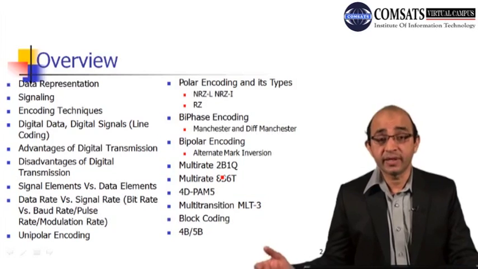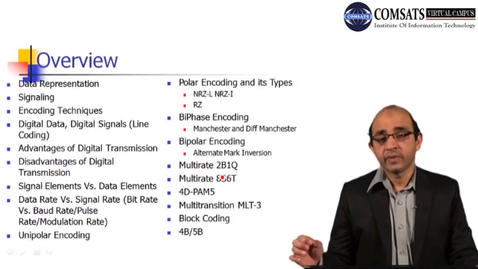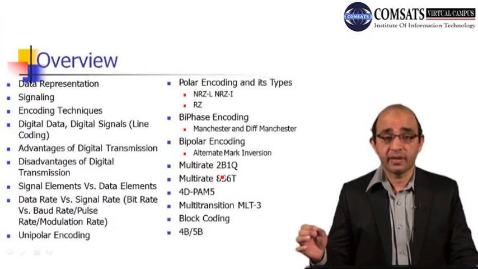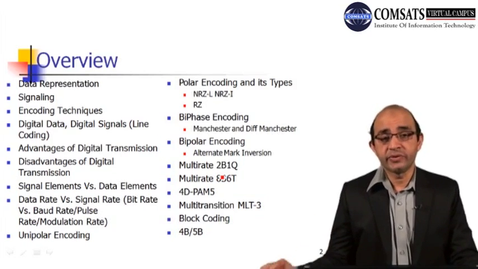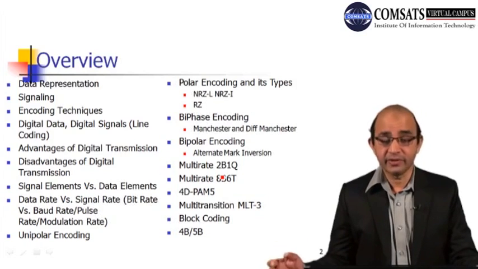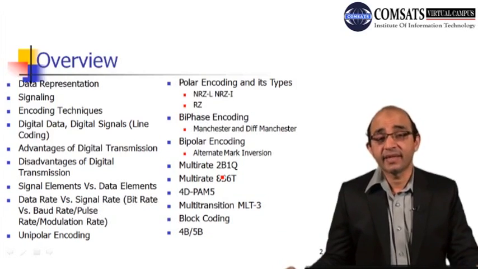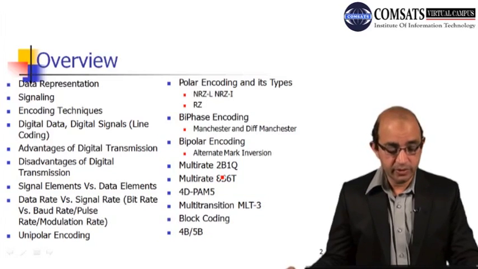Then there are different encoding techniques. We'll be specifically focusing on digital data, where we are going to use digital encoding, digital signaling you can say. That is all about line coding.